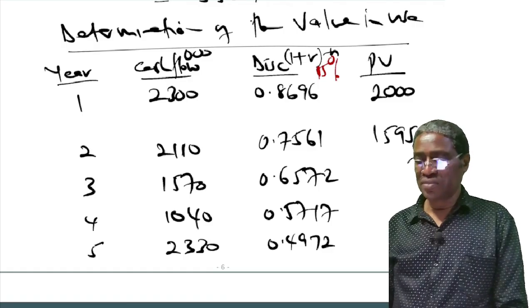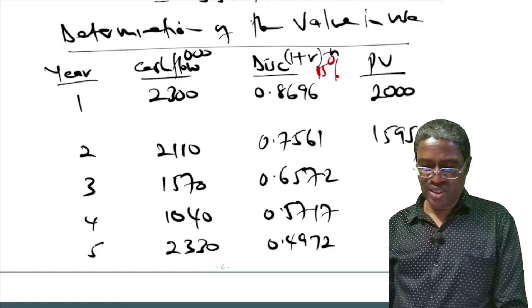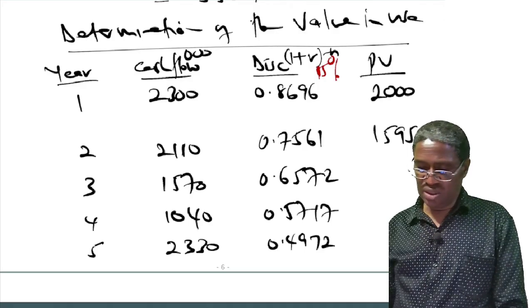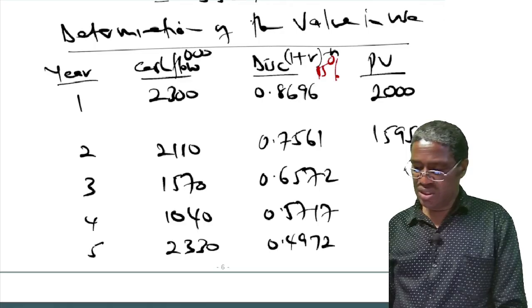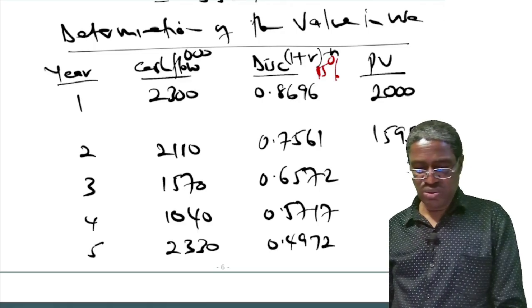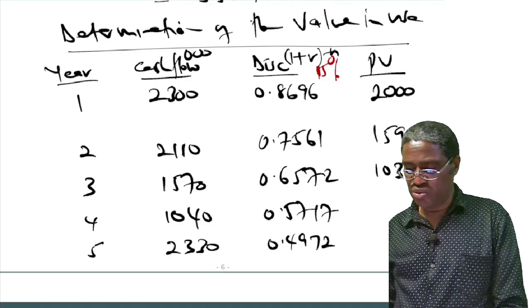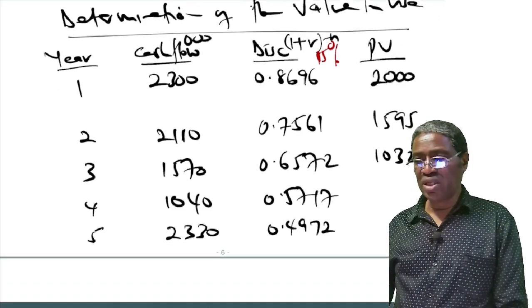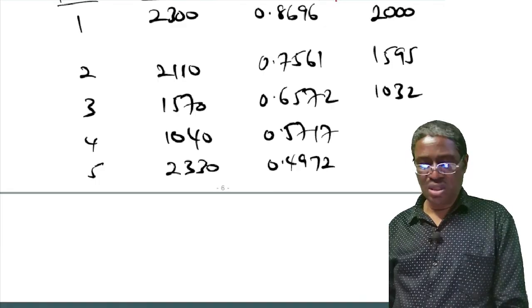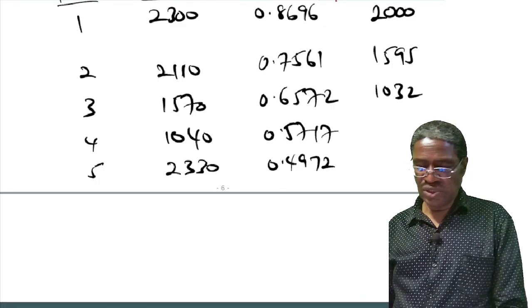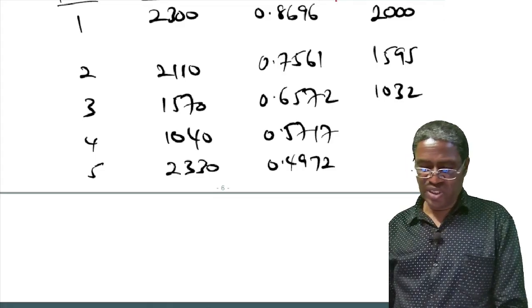Third year, 1,570 times 65.72. To the nearest whole number, I'm getting 1,032. Fourth year, I take 1,040 times 57.17.